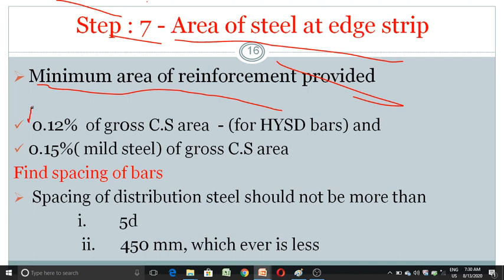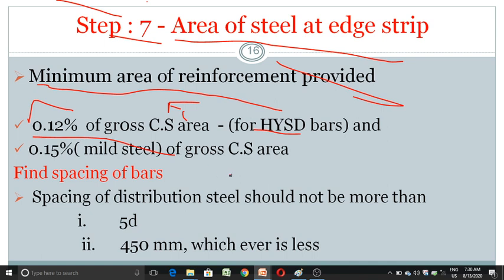If you are using Fe415, that comes under the category of HYSD bars, then we can use 0.12% of the gross cross-section area of the slab.